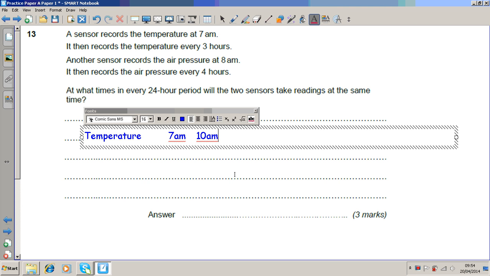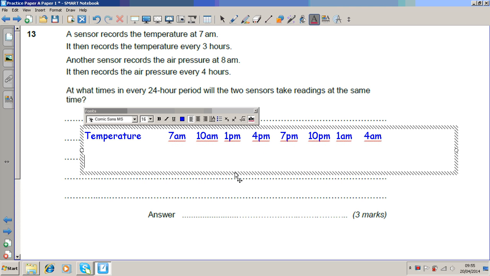So for the temperature, it does it at 7 AM, and it goes every 3 hours. So we've got 10 AM, then 1 PM, then 4 PM, then 7 PM, and 10 PM, and then 1 AM, 4 AM, and then we're back to the 7 AM at the start. So the air pressure is 8 AM, and then 4 hours on will be 12 noon.